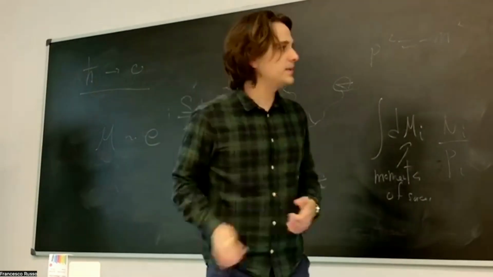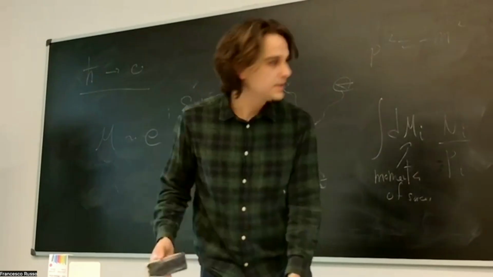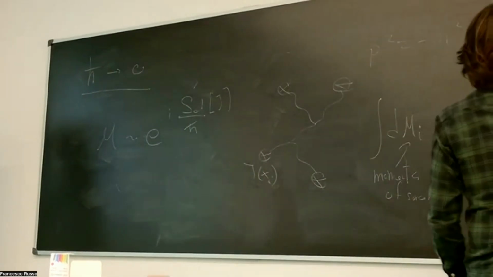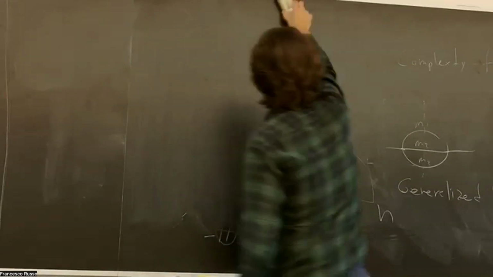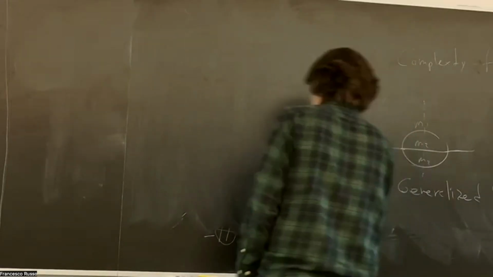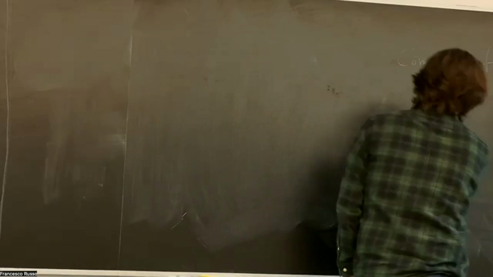In practice, why do we not notice? I'll give you a very trivial example of what happens when you take some particular quantum integral and you take the classical limit.